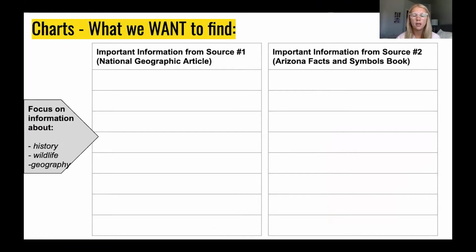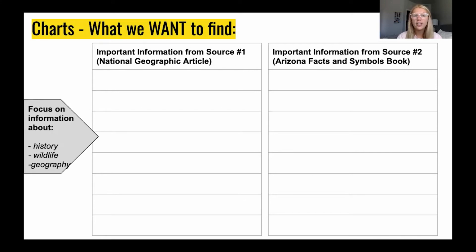And be sure to allow yourself a lot of space to write. In your chart, you have a lot of different columns to write into, and focus on information. As you're filling in your chart, I want you guys to focus on information about the history, wildlife, and geography of Arizona.